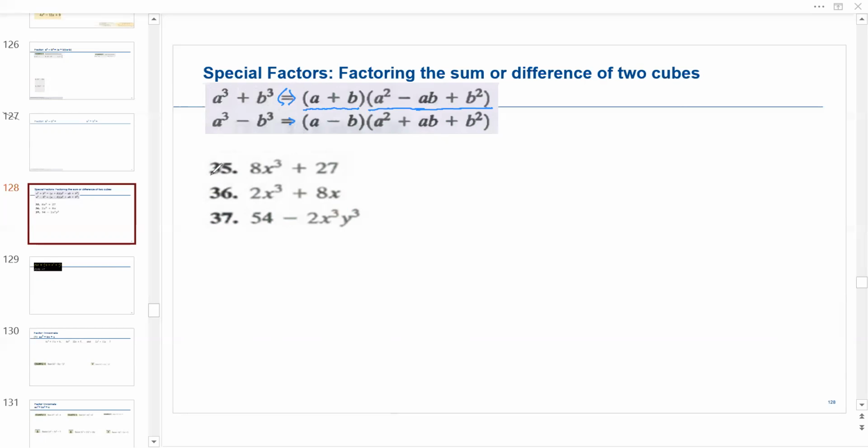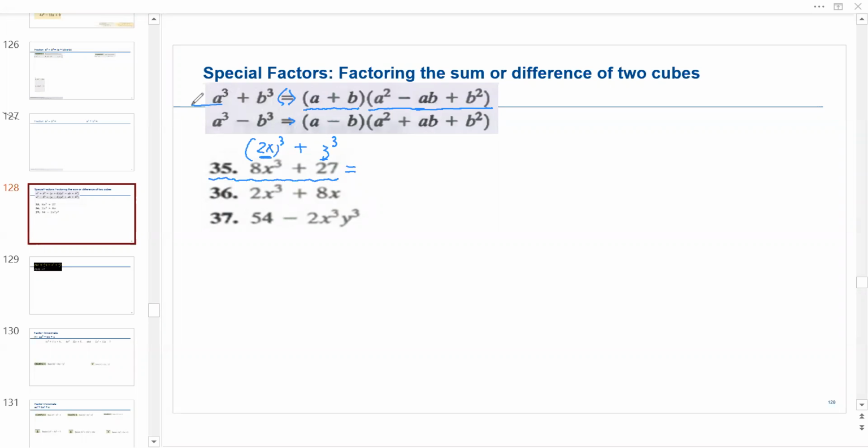Let's see some examples like this one. See 35 here. In this example, you can see 27 is 3 to the power 3, right? And 8x cubic is 2x to the power 3. So we consider this as A, A equals 2x, and B equals 3.